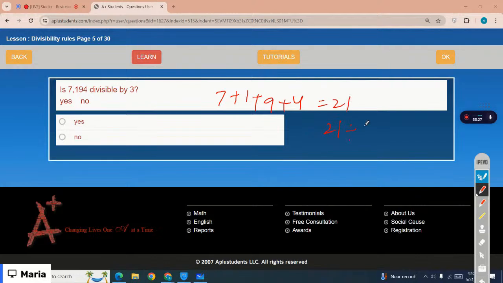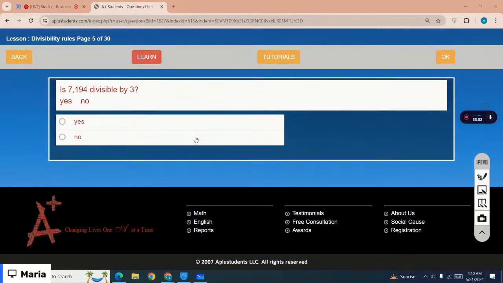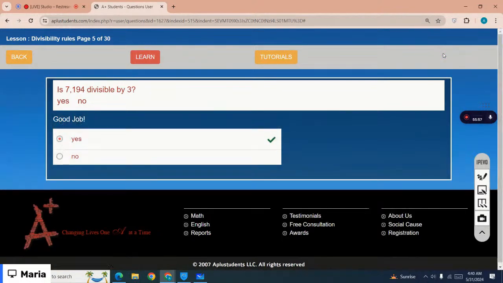And 21 is divisible by 3, right? 3 times 7 is 21. 21 is divisible by 3. So that means 7194 is divisible by 3. The correct option is yes.